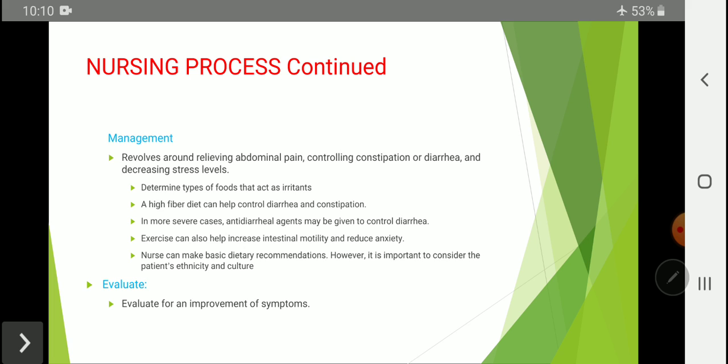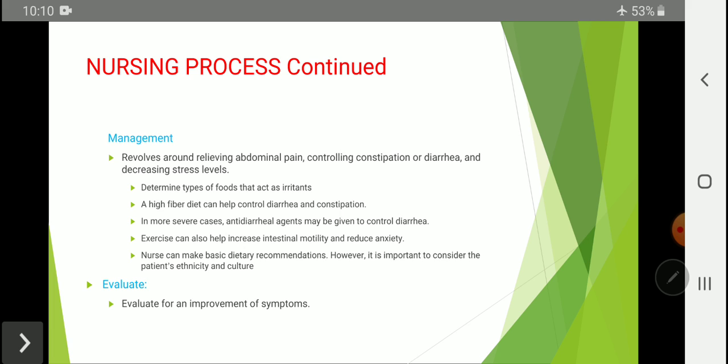When you manage a person who has IBS, it's very important to determine the types of foods that act as irritants. Again, this can be different from person to person. One food that might irritate one person with IBS might not necessarily irritate another.